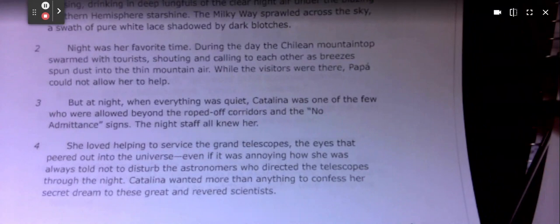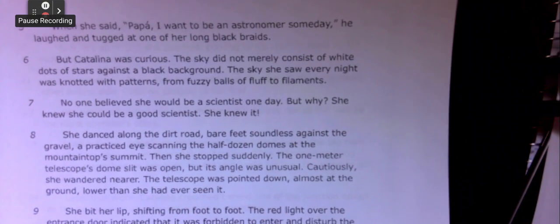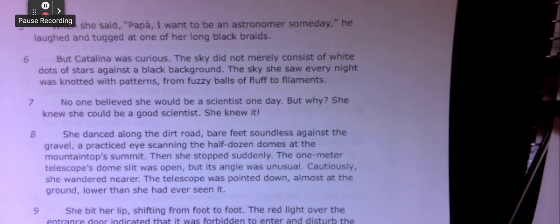She loved helping to service the grand telescopes, the eyes that peered out into the universe, even if it was annoying how she was always told not to disturb the astronomers who directed the telescopes through the night. Catalina wanted more than anything to confess her secret dream to these great and revered scientists. When she said, "Papa, I want to be an astronomer someday," he laughed and tugged at one of her long black braids.